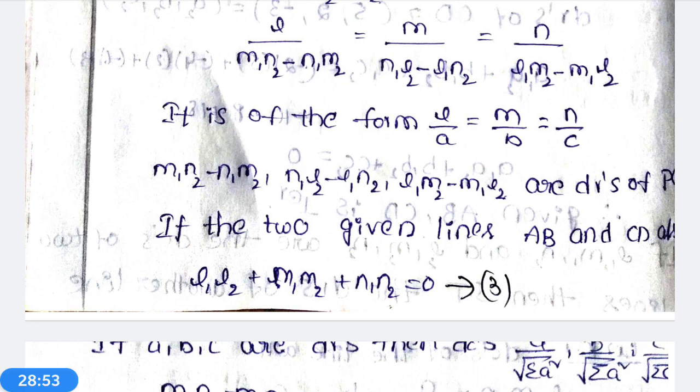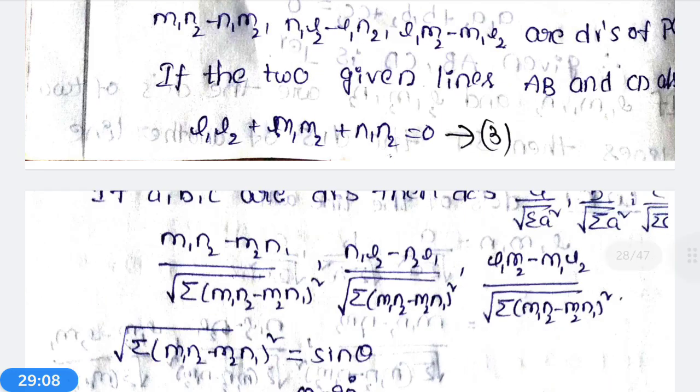These are the DRs. Suppose the given two lines are also perpendicular. That means instead of the above two conditions, one more condition is there, that is L1 L2 plus M1 M2 plus N1 N2 is equal to 0.